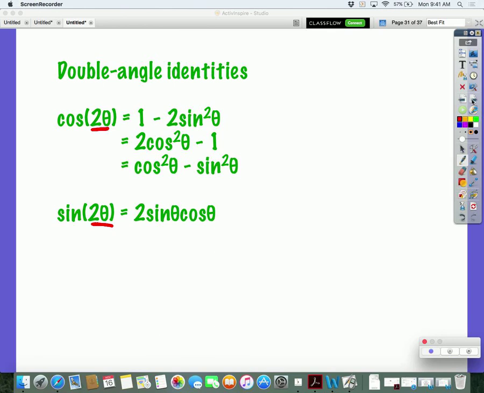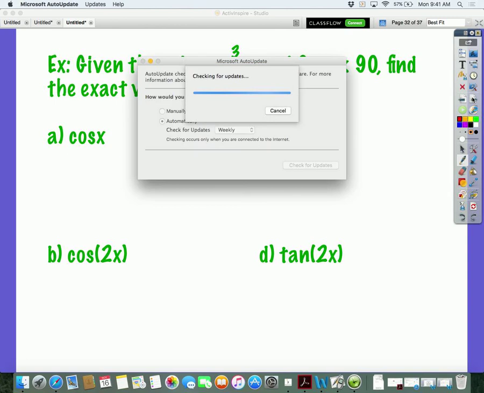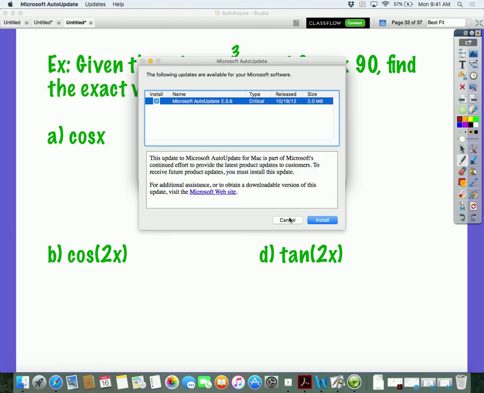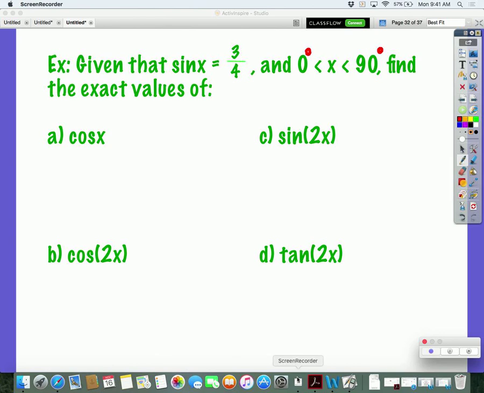So we're going to look at an example. Everyone done writing it down? Given that sine x equals 3 over 4, and x is between 0 degrees and 90 degrees, we are going to find the exact values of those 4.